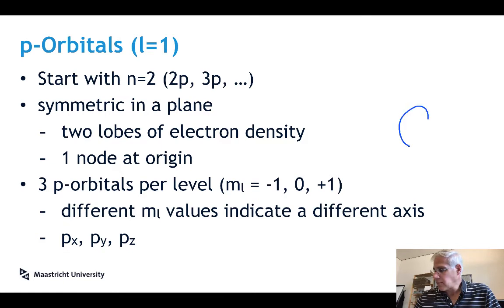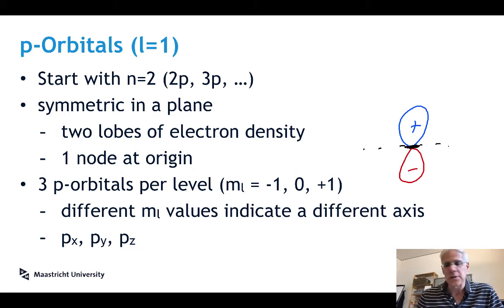We're going to have a lobe there, then we'd have a lobe there, a minus lobe and a plus lobe, and we see that they're symmetric across that axis there. And this is where our node is as well, right there in the center. So there's a zero probability of electron density right between those two lobes.